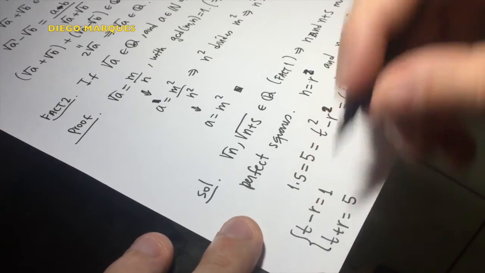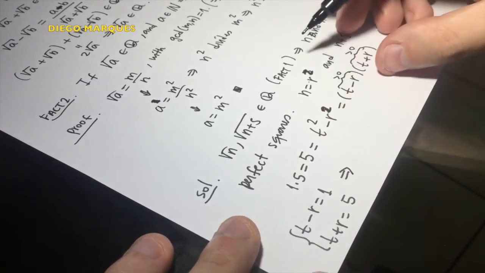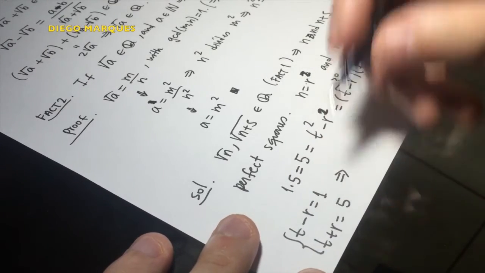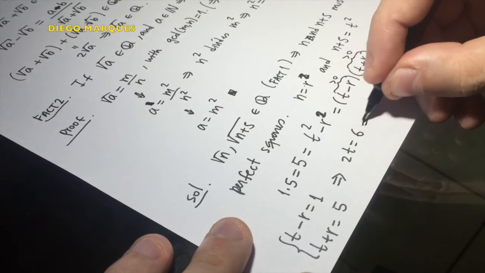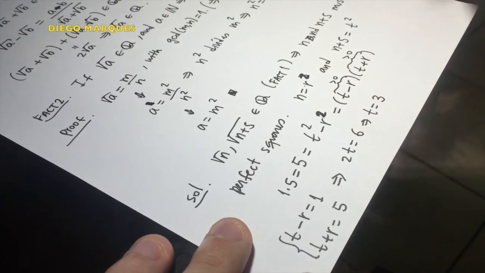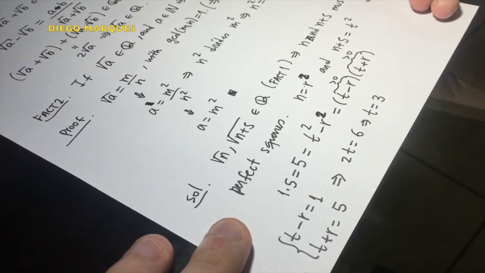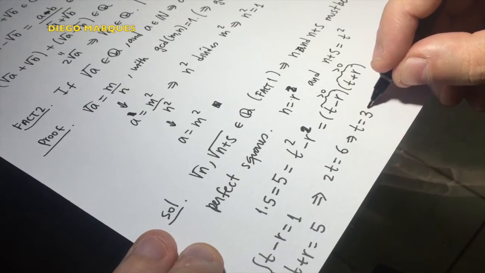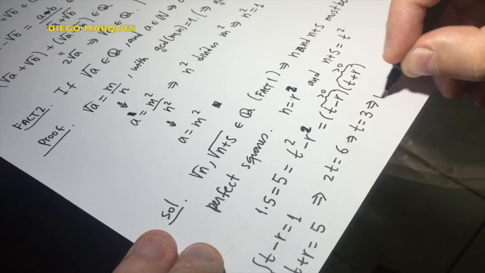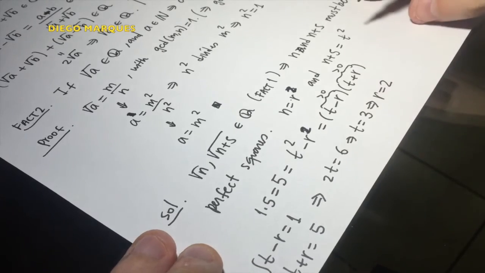And by solving this very easy system, we can sum, and we have 2t equal to 6. This implies that t is equal to 3. Okay, if t is equal to 3, this implies that r is equal to 2.